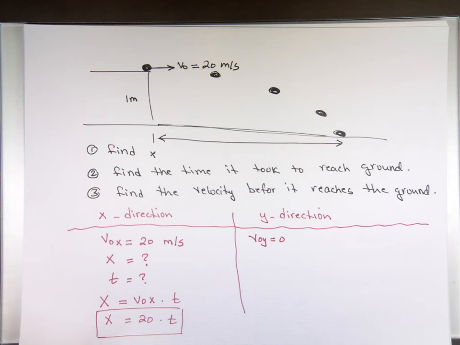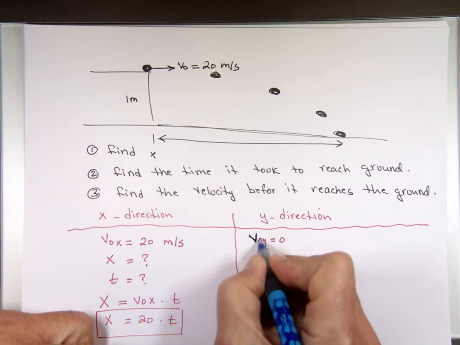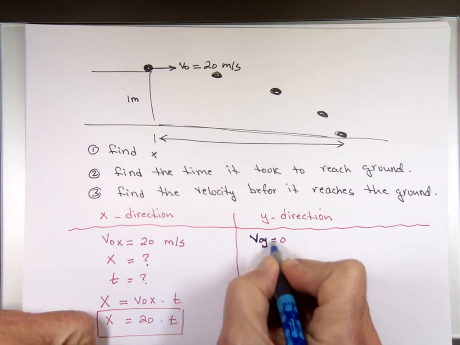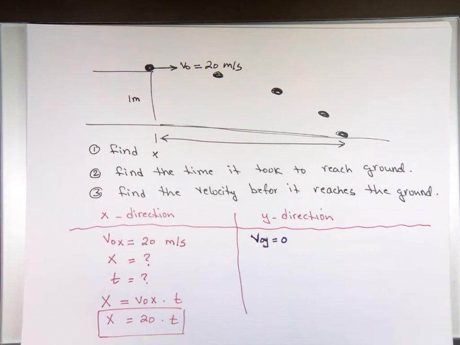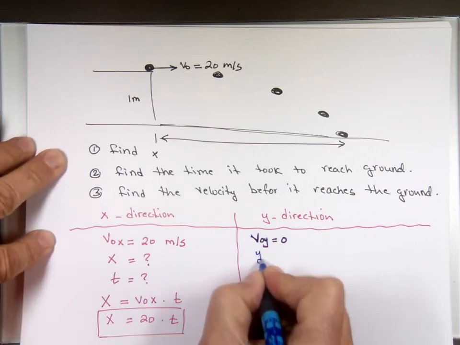Now in the y direction, what else do we know? Let me use blue for y. We know the initial velocity is 0. What else do we know? Would 1 meter be for the x? That's the initial height, yes. It's 1.